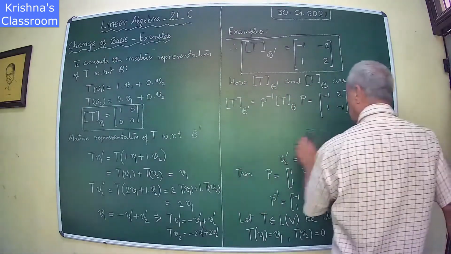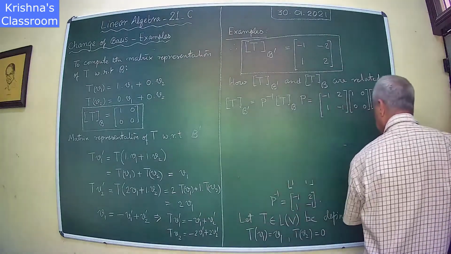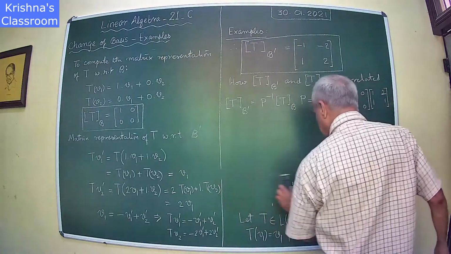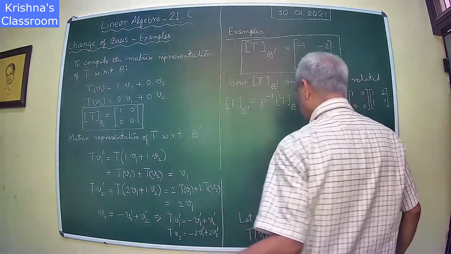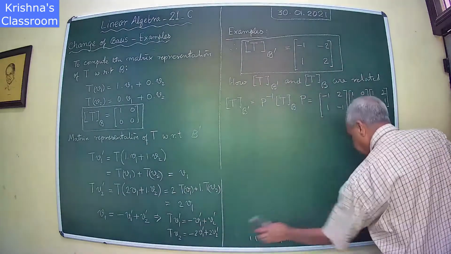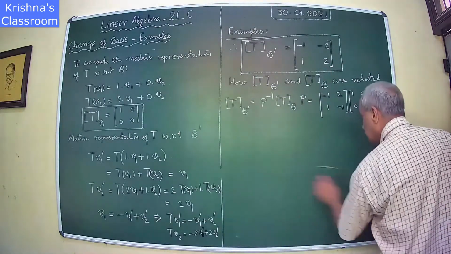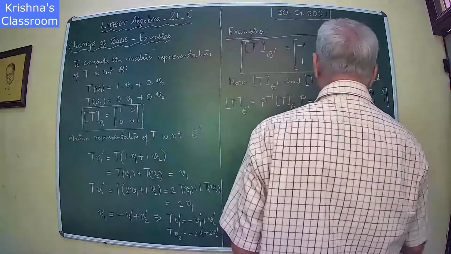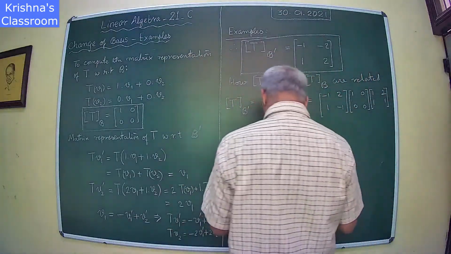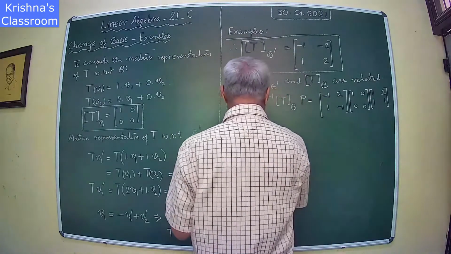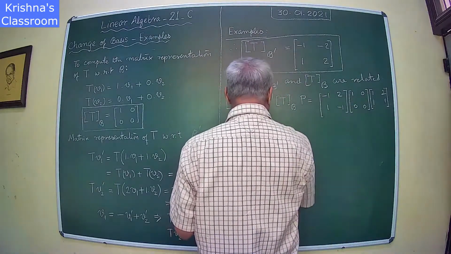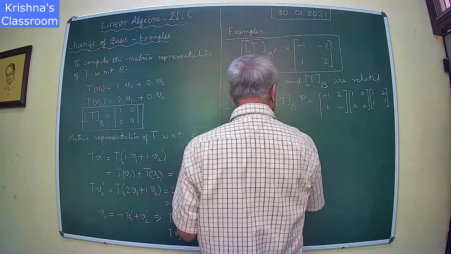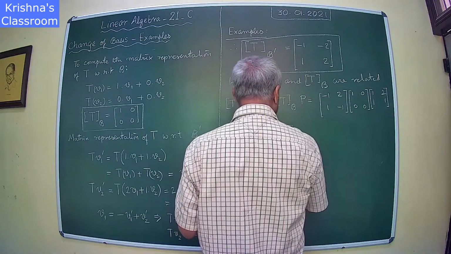If you work out the matrix products, then what one gets is the following. This is equal to minus 1, 2, 1, minus 1.